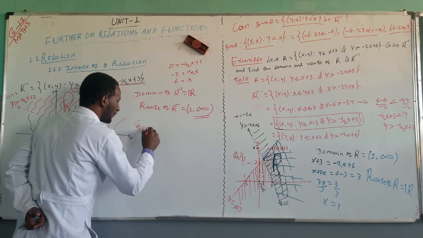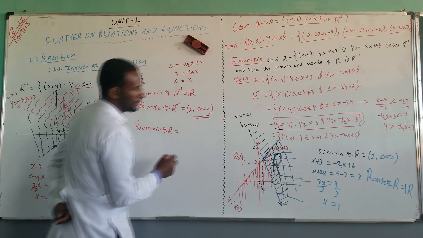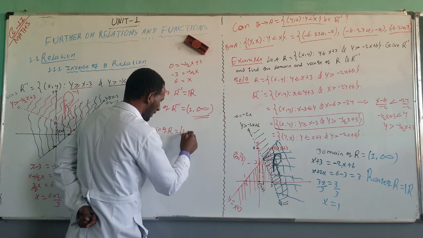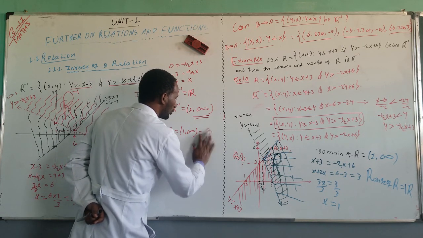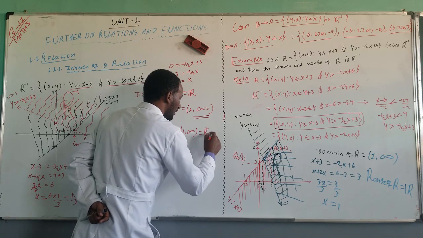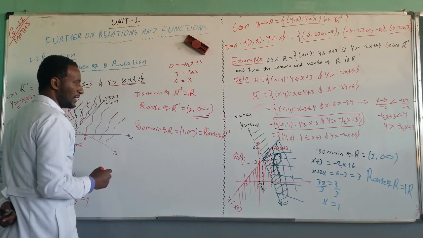When we compare, the domain of R is equal to 1 comma positive infinity, which is equal to the range of R inverse.